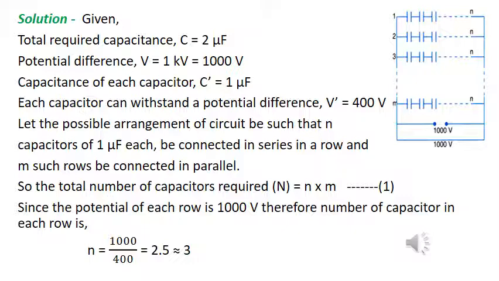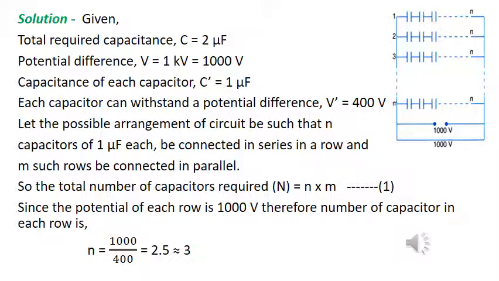Let the possible arrangement of the circuit be such that n capacitors of 1 microfarad each are connected in series in a row, and m such rows are connected in parallel as shown in the figure. So we can write the total number of capacitors required, N, is equal to n into m. Let us consider it as equation number 1.